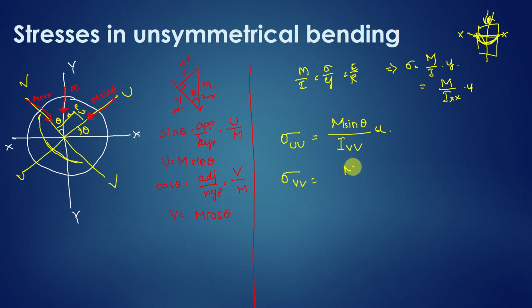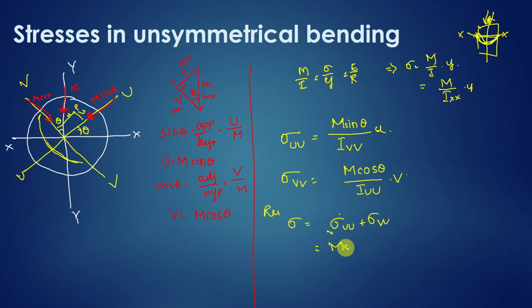So that is M cos theta by Iuu into v. This is M cos theta into moment of inertia about the u axis multiplied by distance v in this direction. That's it. So in order to calculate the resultant stress, resultant sigma, that will be the sum of sigma u plus sigma v.